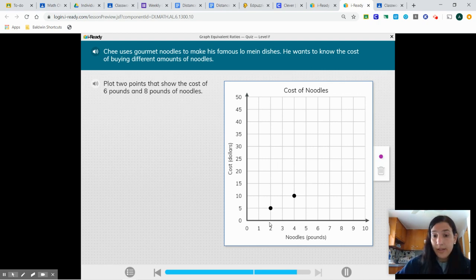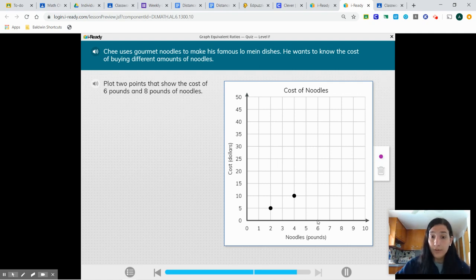That tells us that for 1 pound of noodles, we would have to do 5 divided by 2. 5 divided by 2 is going to give us 2.5 or $2.50. So it's $2.50 for each pound. We want to plot a point for 6 pounds of noodles. So if we do 6 times 2.5, it's going to give us 15.